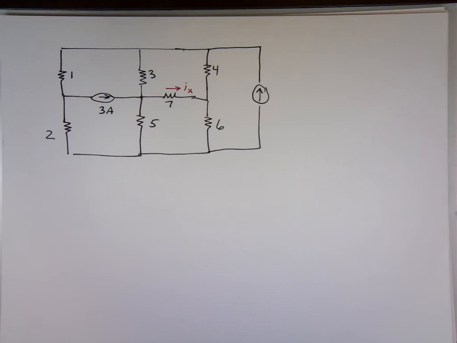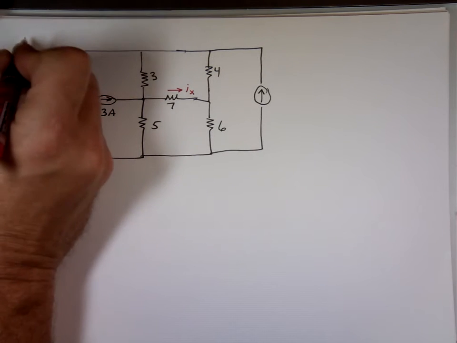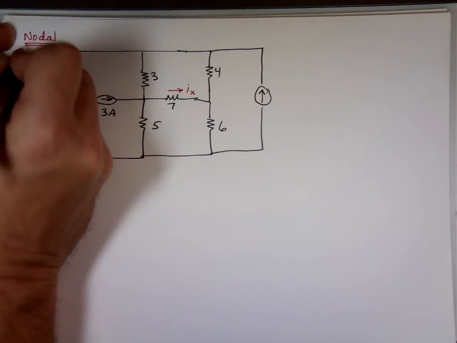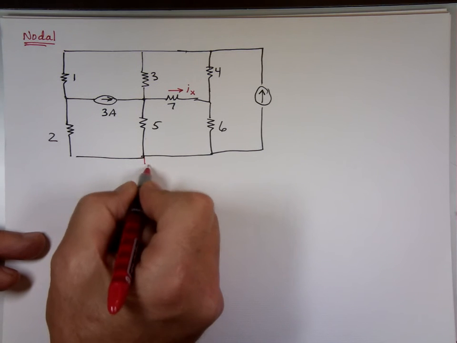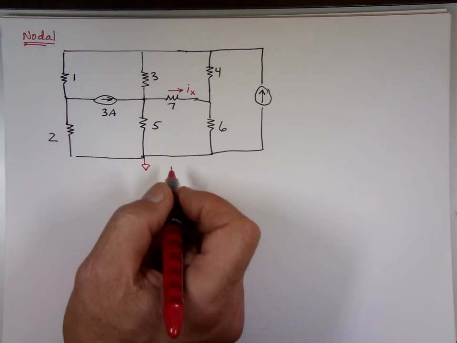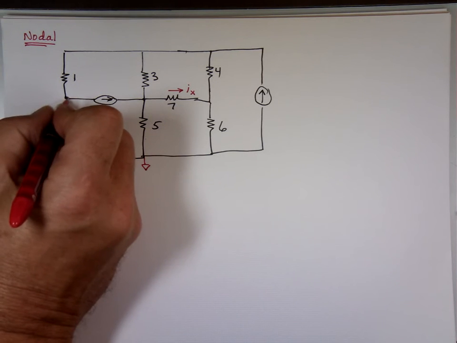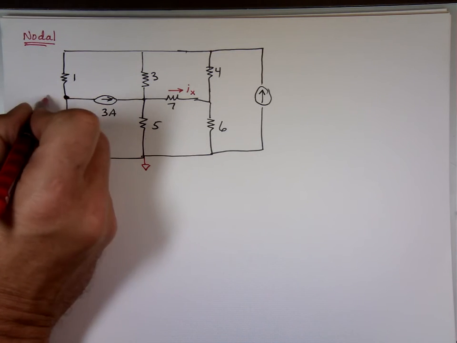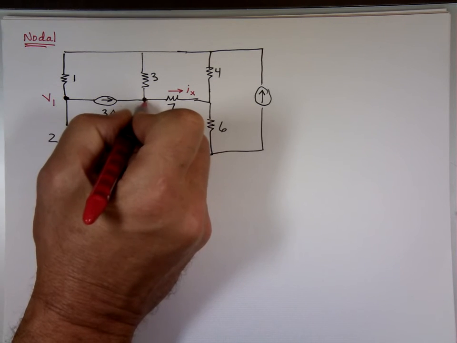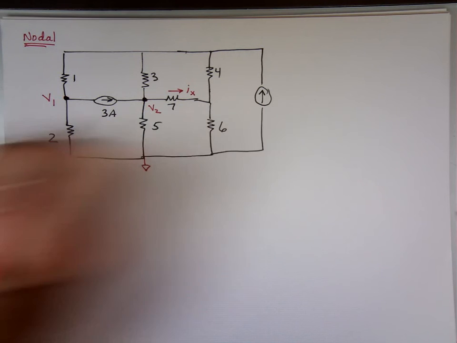Now let's look at nodal analysis. If I decide to go with nodal, how many equations by how many unknowns? So if this is my ground here, this is one node, V1. This is another node, which is V2.